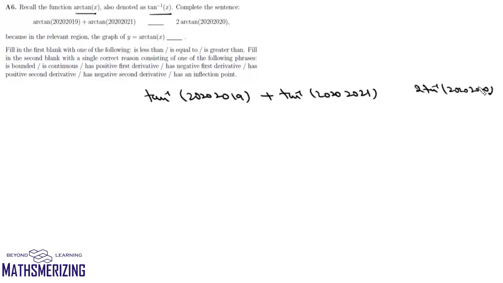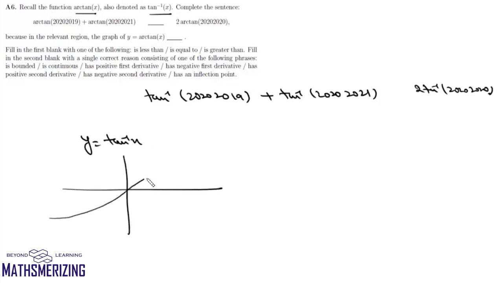Now we need to know whether it is less than, greater than, or equal to this expression. Now if we look at the graph of tan inverse x, the graph of tan inverse x is concave down when x is greater than 0.